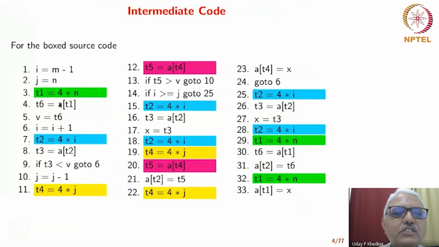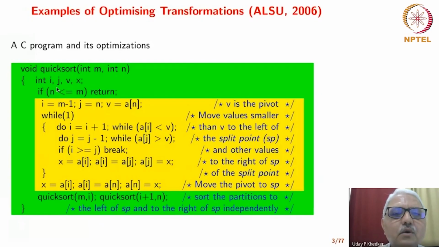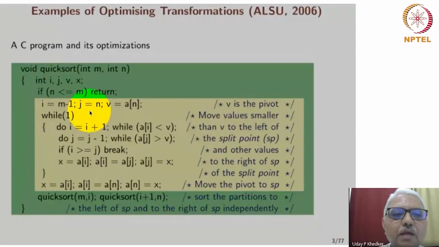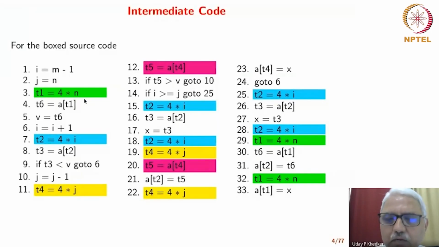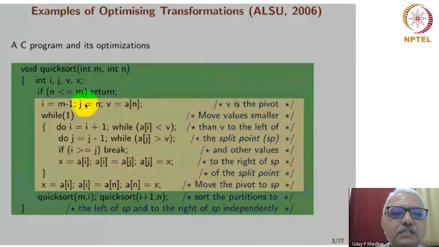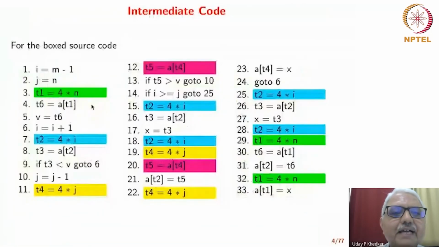And we have then j is equal to n, which corresponds to this assignment j is equal to n. Let me make the circle a little smaller. Yes. So we're talking about this assignment j is equal to n, which gets reflected as j is equal to n.